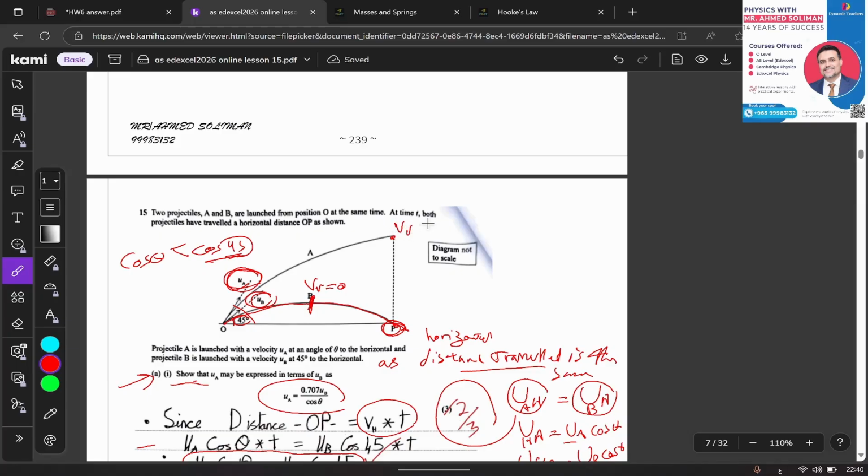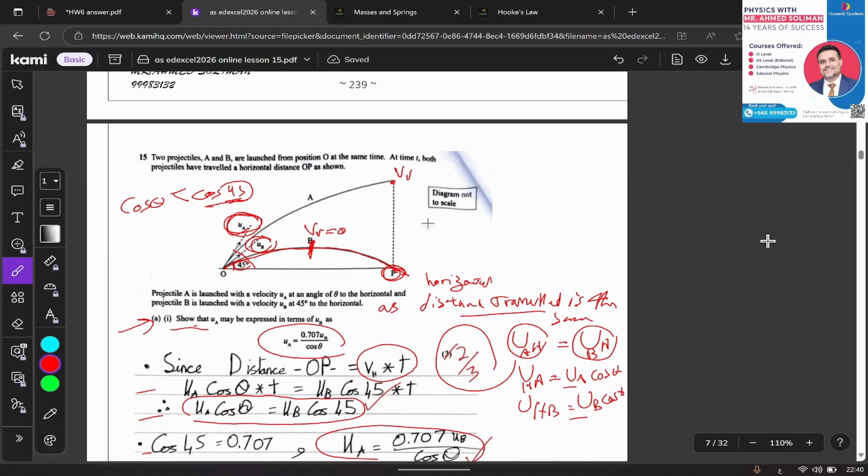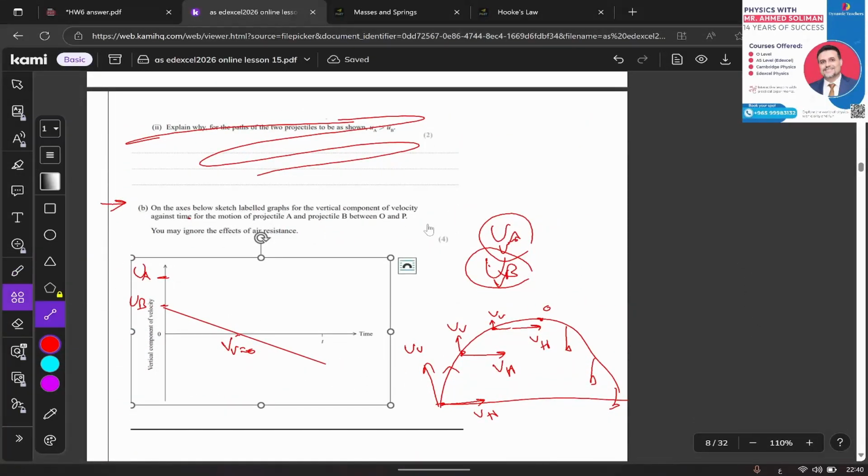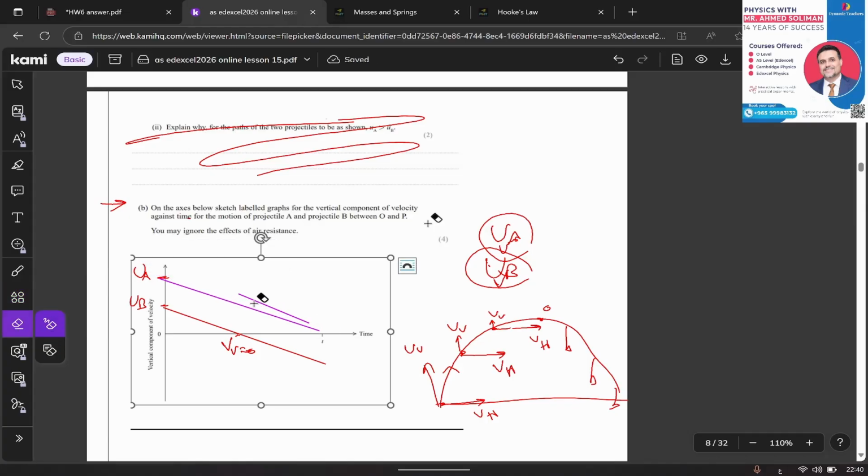It doesn't reach 0. It will be very close to 0. This is why we will draw like this. The second one will be like this. So close to 0.